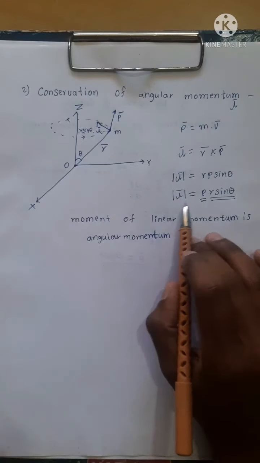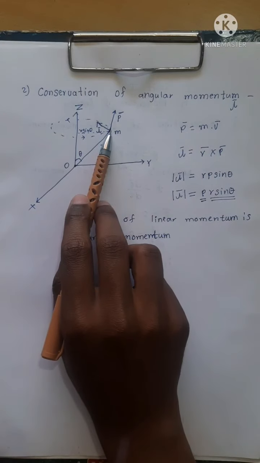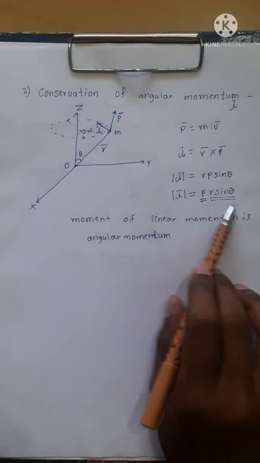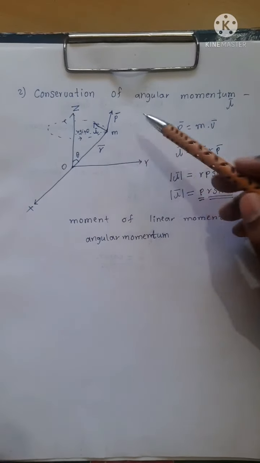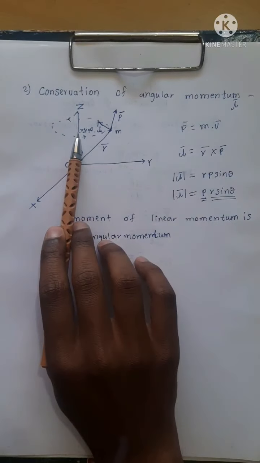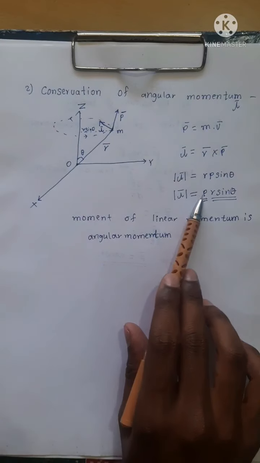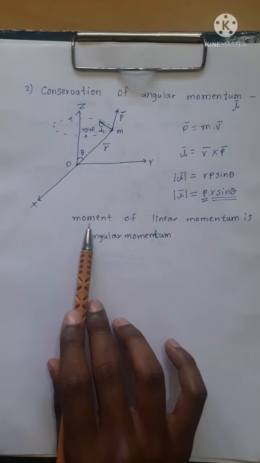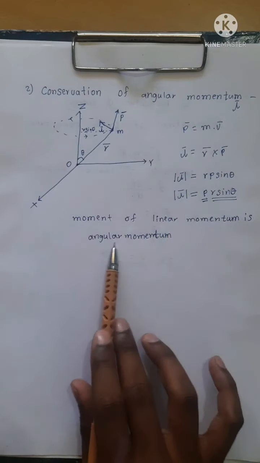So consider this p r sine theta. P is the linear momentum, and r sine theta is this distance. We know the product of any physical quantity and its distance from the axis of rotation is nothing but a moment. So this product shows the moment of this linear momentum, which is angular momentum.